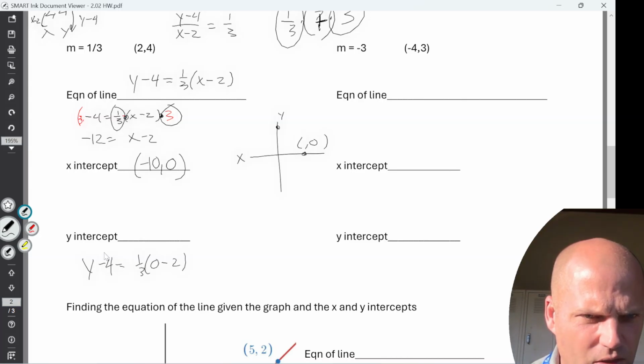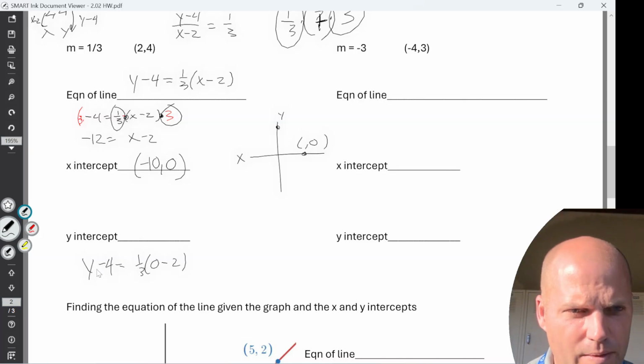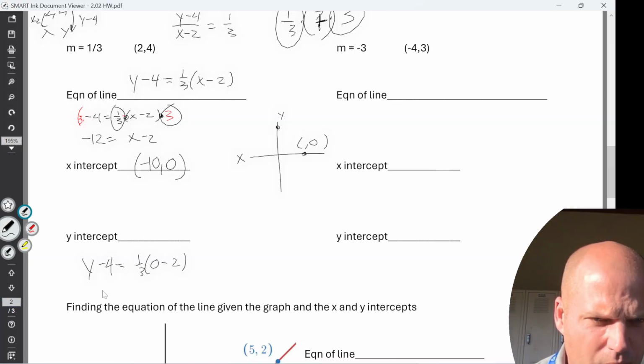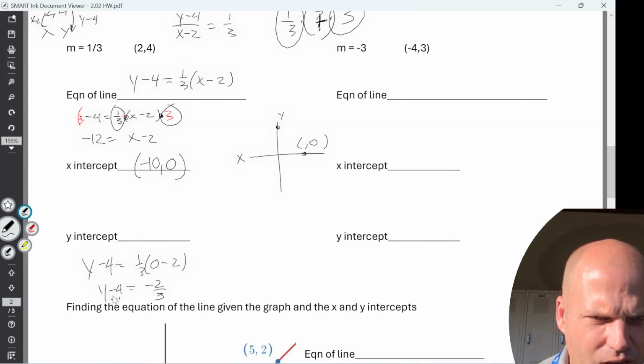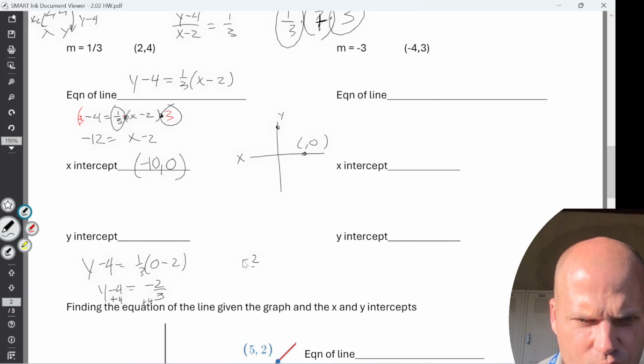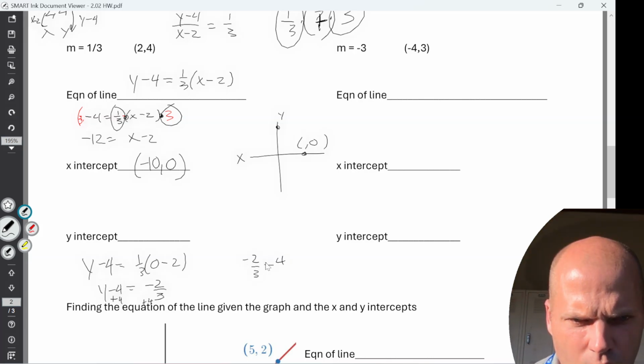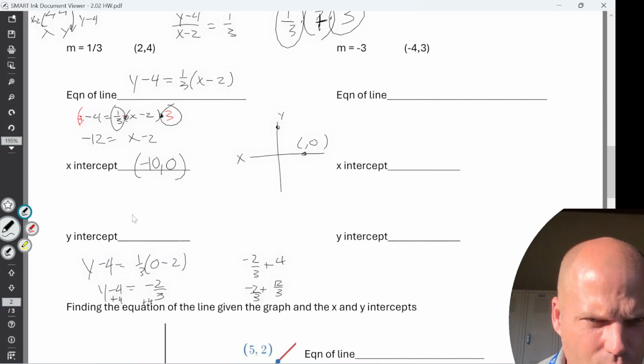So if I do multiply the left side by 3, it would be 3y minus 12. So maybe just be careful. Let's work with fractions. Let's be okay with negative 2/3 and adding 4 to negative 2/3. I'm going to turn 4 into an amount of thirds. That will be 12 thirds. So combining 12 thirds and negative 2/3, I get 10 thirds.